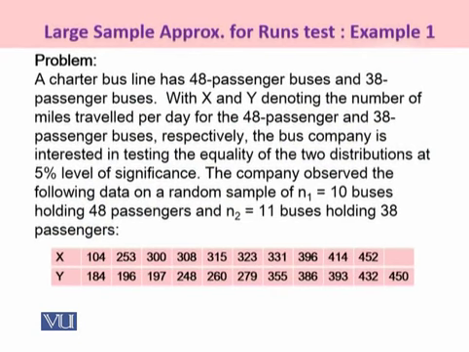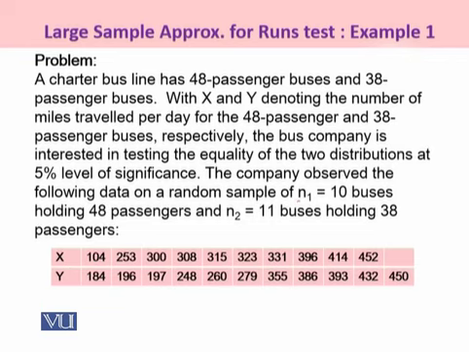This was a problem where a charter bus line has 48 passenger buses and 38 passenger buses, with X and Y denoting the number of miles traveled per day for the 48 passenger and 38 passenger buses respectively. The bus company is interested in testing the equality of the two distributions at 5% level of significance. The company has observed the data that is being shown to you in the form of X and Y.